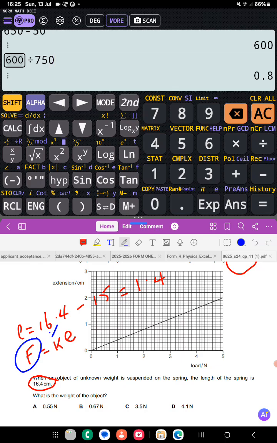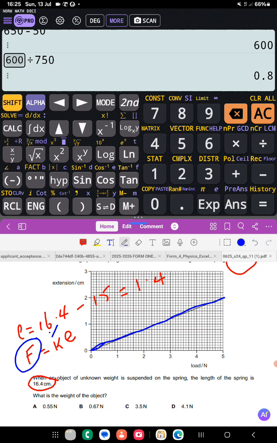The spring constant can be obtained from the graph by simply finding the gradient of the graph. To find the gradient, we shall take the gradient of this line up to that point.